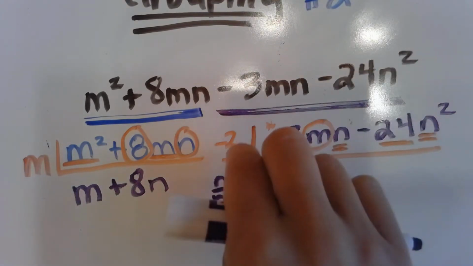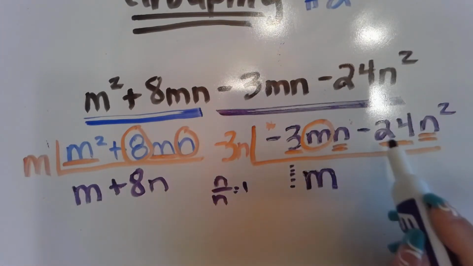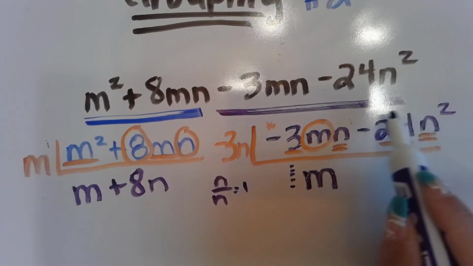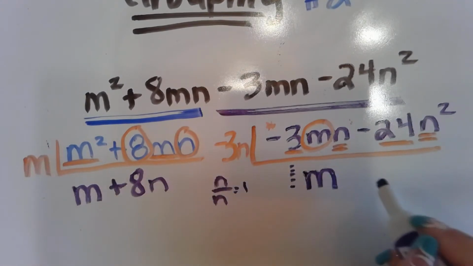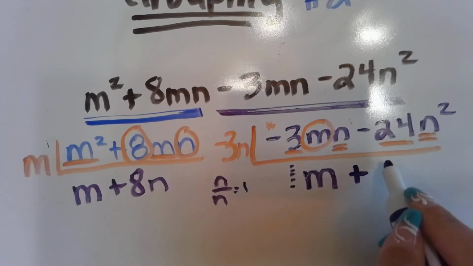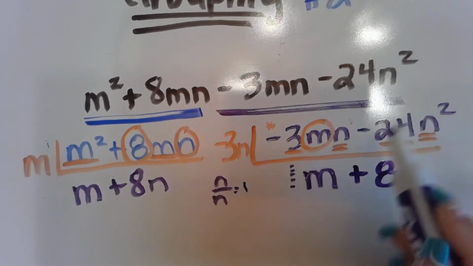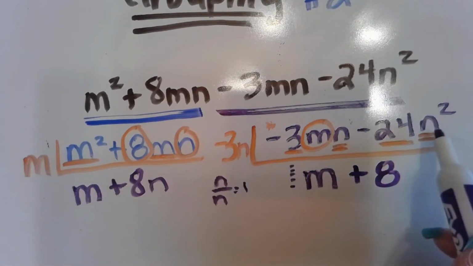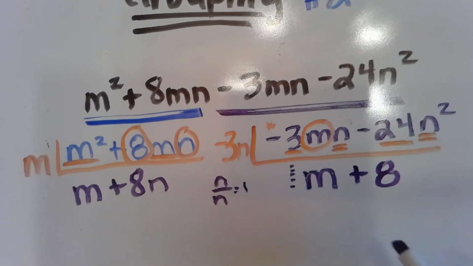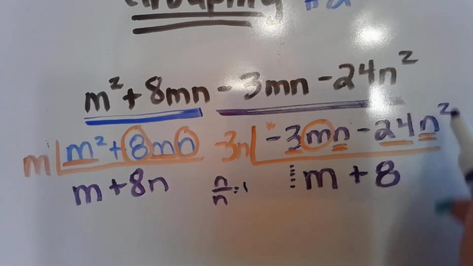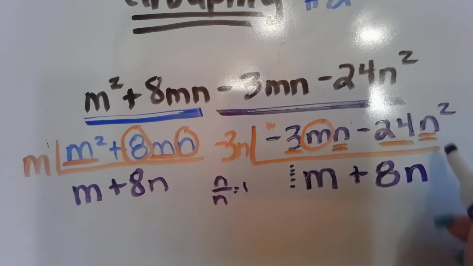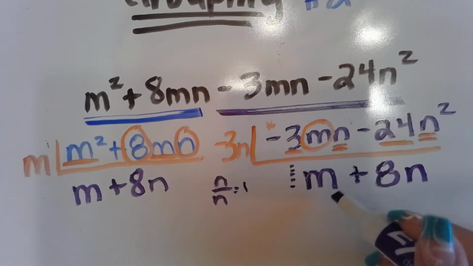Because we're essentially pulling that piece out. So negative 24 divided by negative 3 is going to be positive 8, okay? Because a negative divided by a negative is a positive. N squared divided by n, remember, we subtract our exponent, so 2 minus 1 would leave you just with an n, and we'd have an imaginary 1. And that's all we can do for this one.